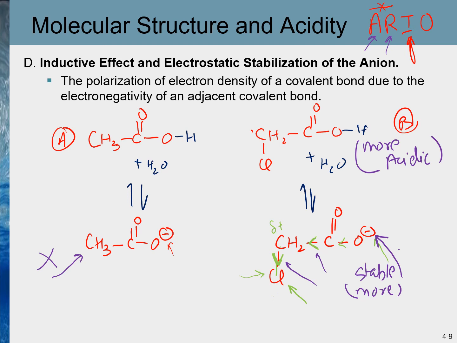The pKa value is approximately 2.8, and the pKa value of acetic acid, we know, is about 4.7. So clearly the presence of one chlorine atom in the adjacent covalent bond stabilizes the conjugate base, and hence it makes the acid stronger.